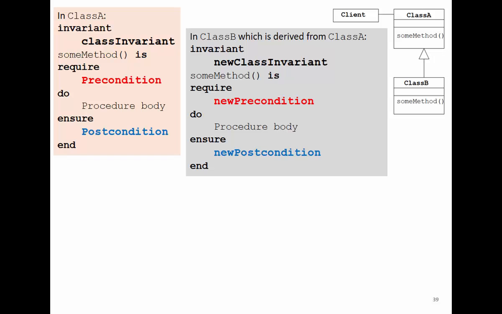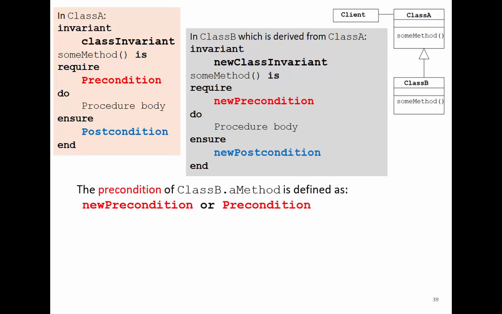And then you have the same method overridden. You define new conditions, you do some procedure, and you define the postconditions. Now, to make sure, the precondition for the method inside P should always be the new precondition or the precondition of class A.